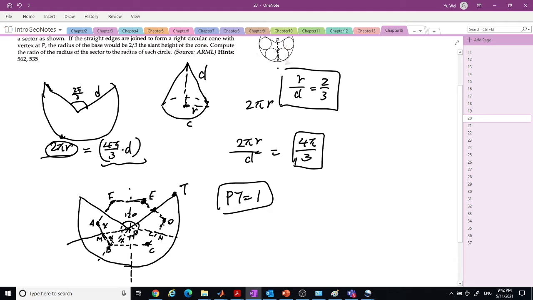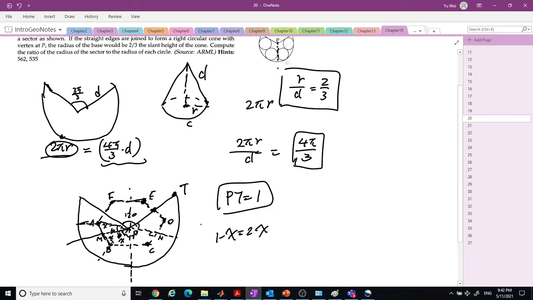X and X. Okay, so you can see, because this one is 60 degrees, right? So we can have 1 minus X equals 2X, okay?